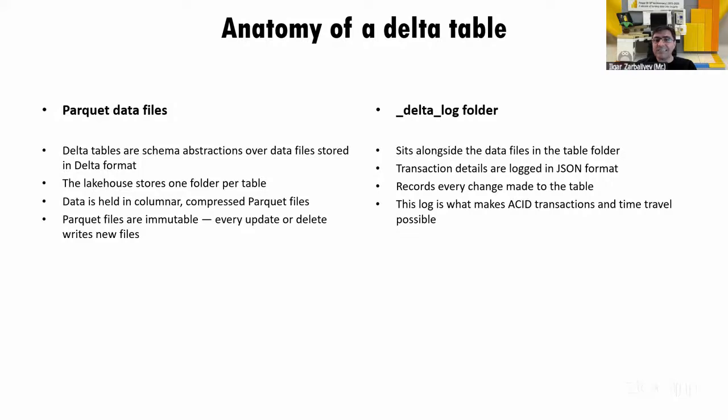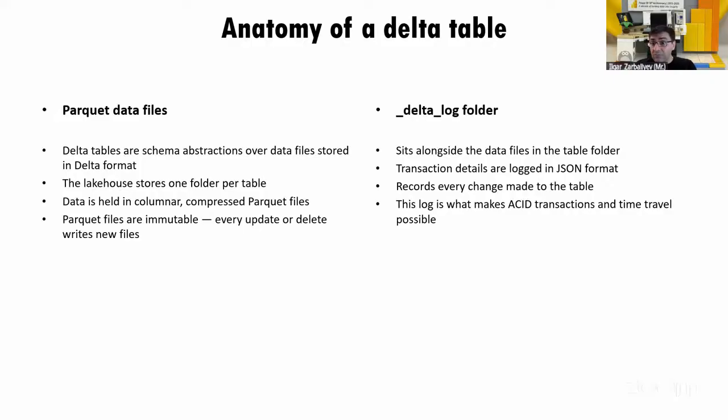Every update or delete results in new files being written. The second is a folder called _delta_log. That's where the transaction details are logged in JSON format. Every change to the table produces an entry in that log. That transaction log is the secret ingredient.